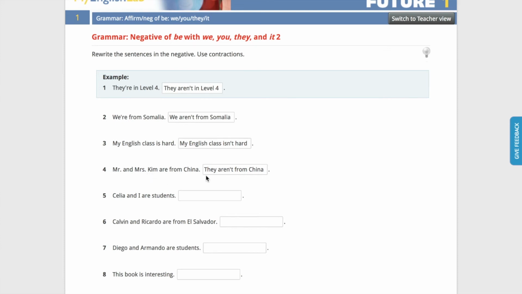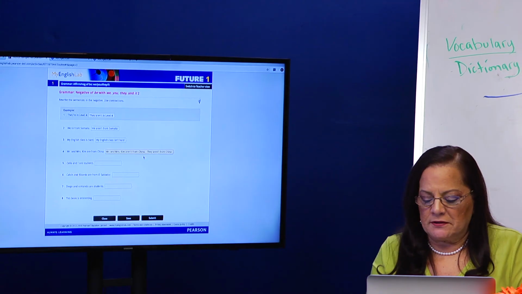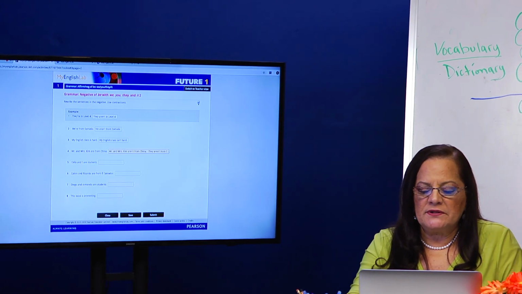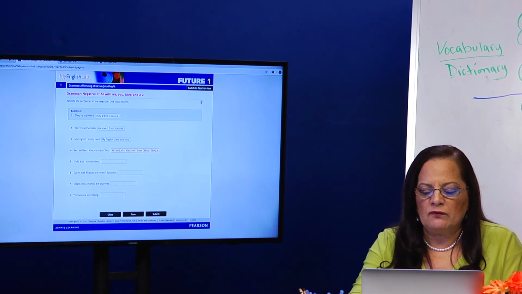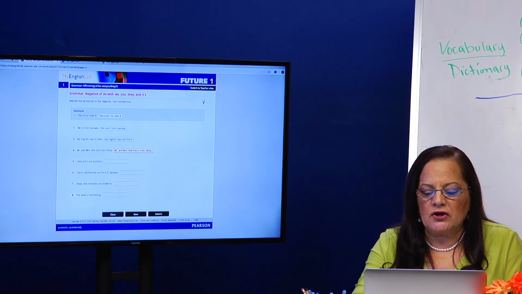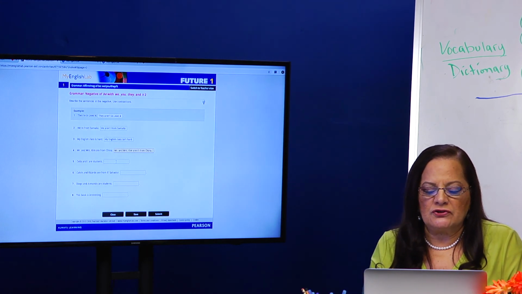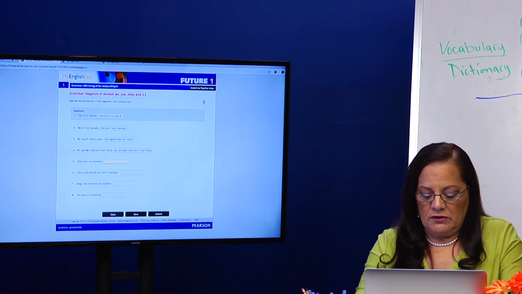They were already mentioned, so that's how you link a conversation. You can change it to they aren't from China. But this section wants it perfectly the way they started off. Just change the contractions.